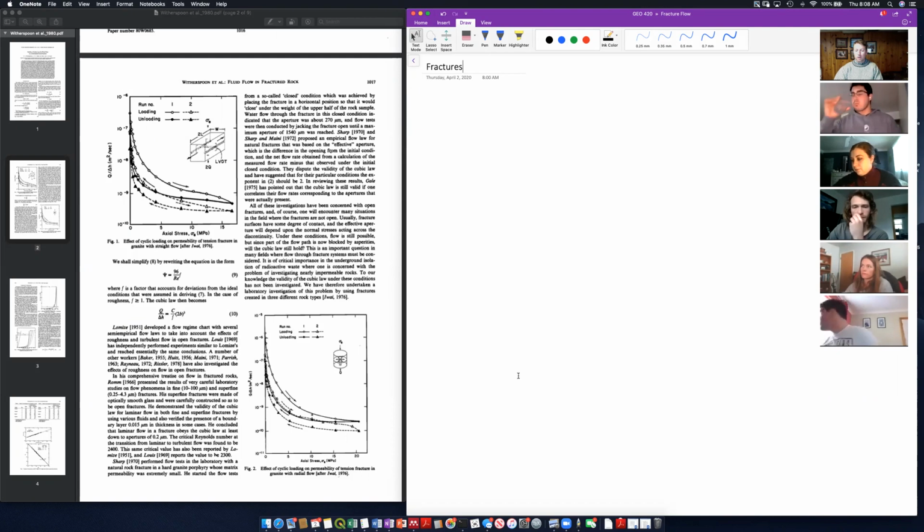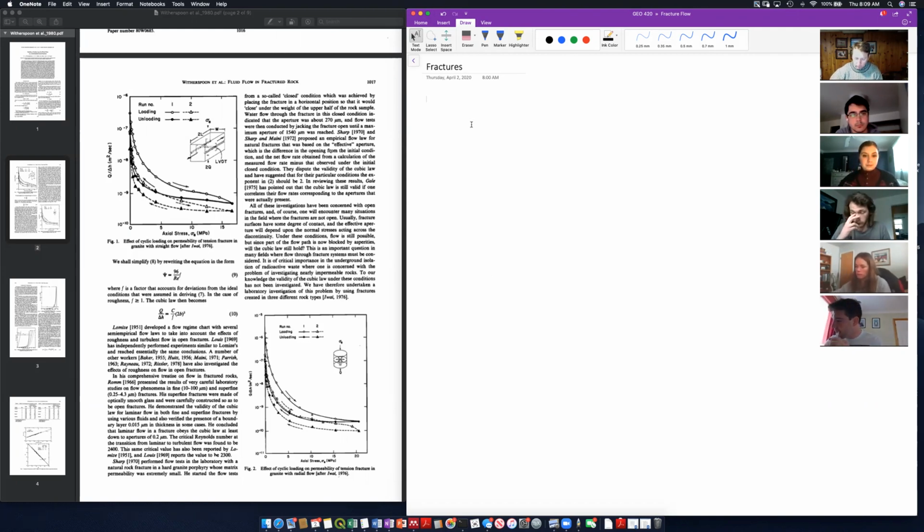So this will be, and always has been, one of the biggest and hardest problems for hydrogeologists working with fracture flow. And today what we're going to do is just talk about some of the basics of fracture flow and how we try and deal with some of the complexities.